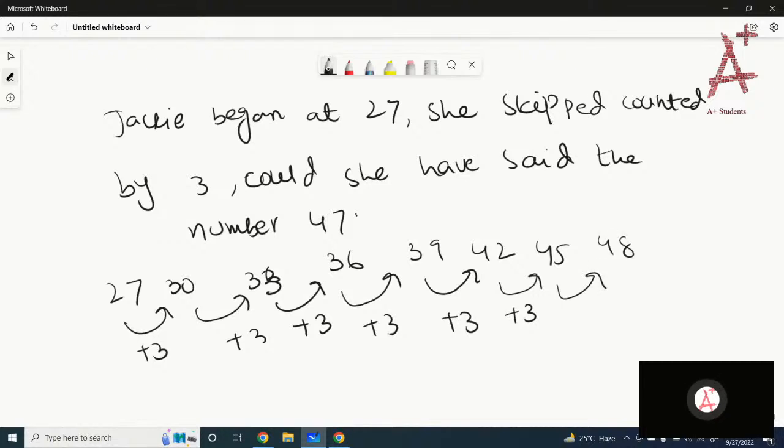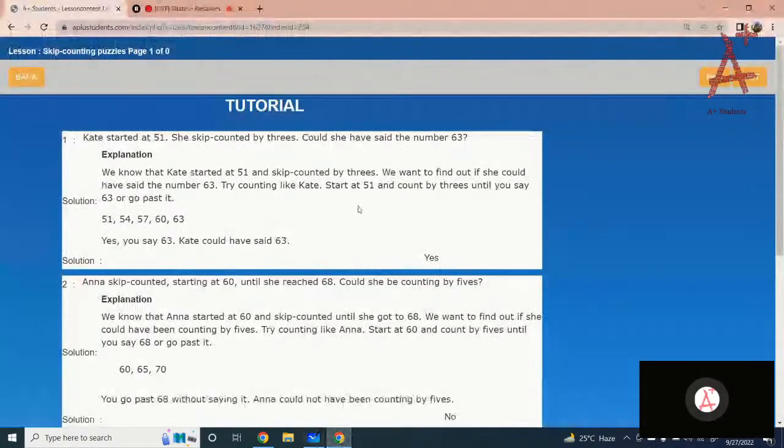Look, we don't have 47 in between 45 and 48. That means no, she could not say 47. Got it? Okay, on the top right corner, you have a test button. Let's start with the test.